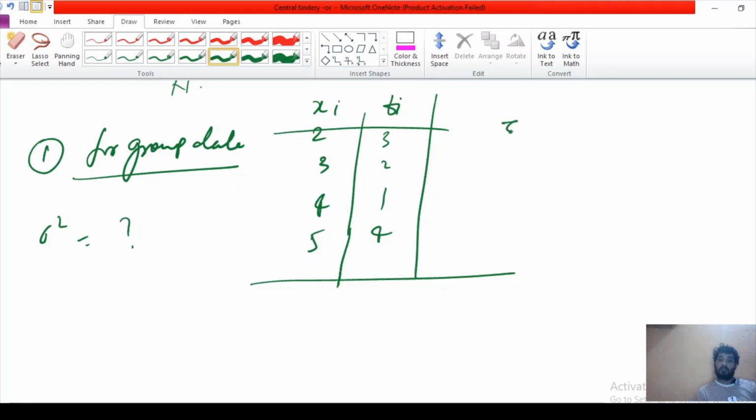Sum of all the observations, and the sum of multiplication of frequency and its corresponding data divided by the sum of all frequencies. This is our mean.